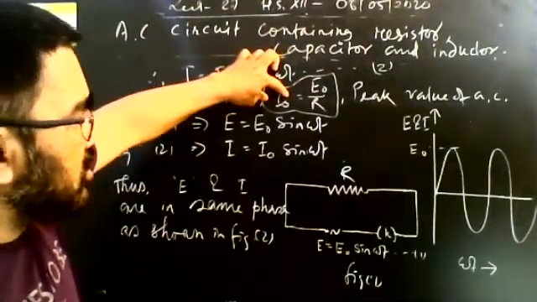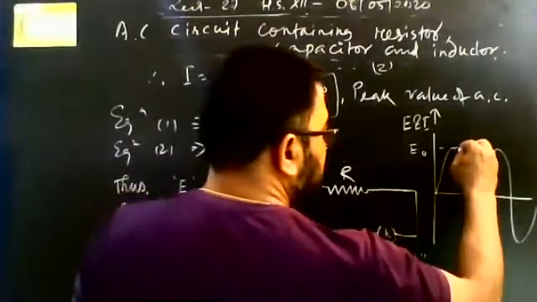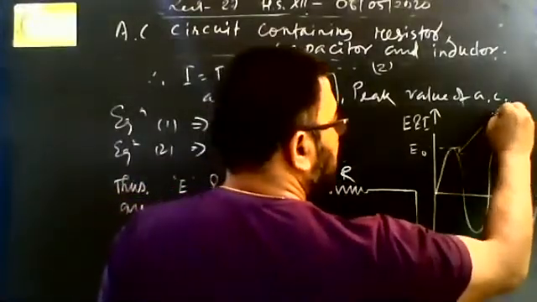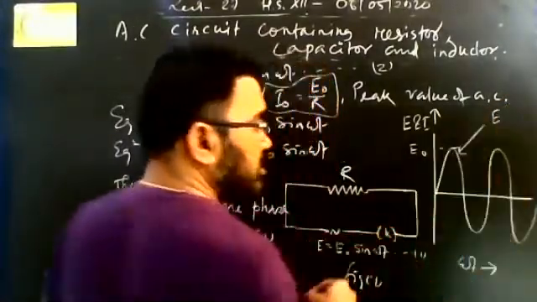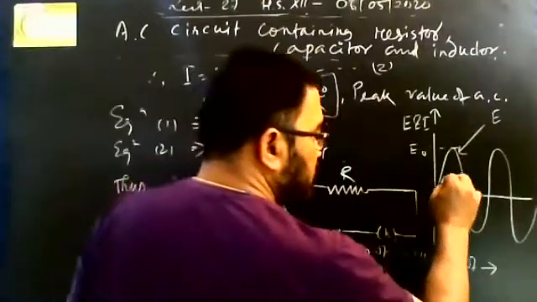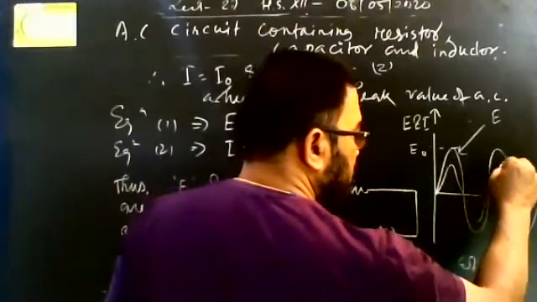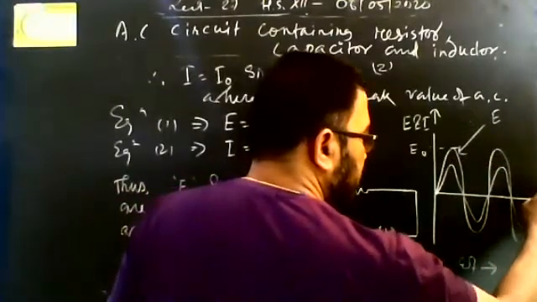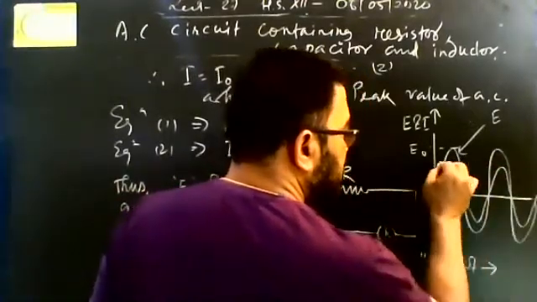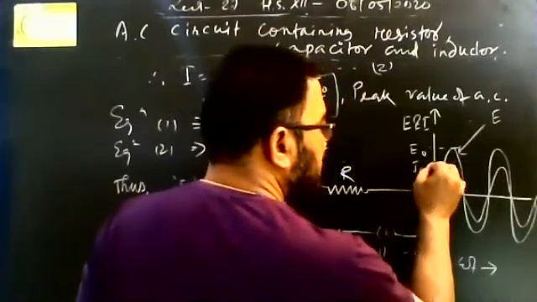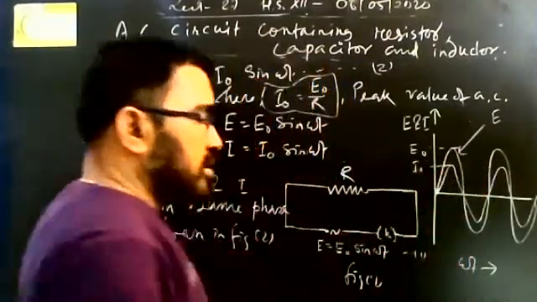So this represents E. Okay, and if we draw I, it will be in the same phase, but the peak value is slightly less than E naught. So this is I naught, right? Can you understand?